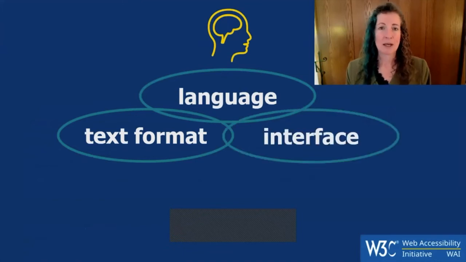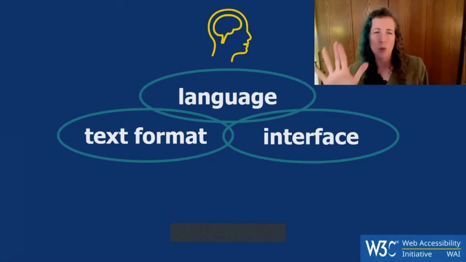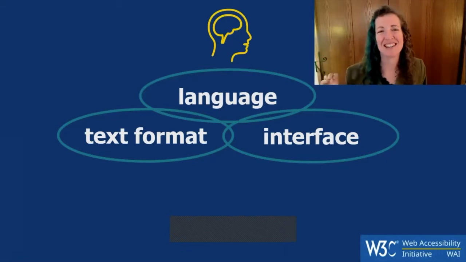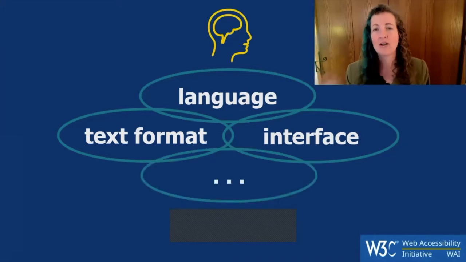Also, when we're talking about websites and applications, we look at the issues with the user interface. That is how the application is designed, how it's laid out, how things are labeled. And all these are related and interrelated, and we'll talk about some of those coming up.